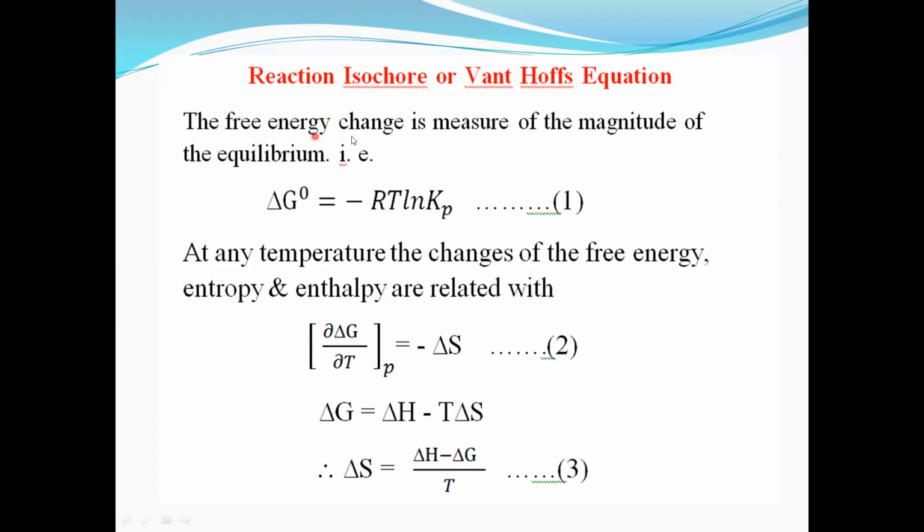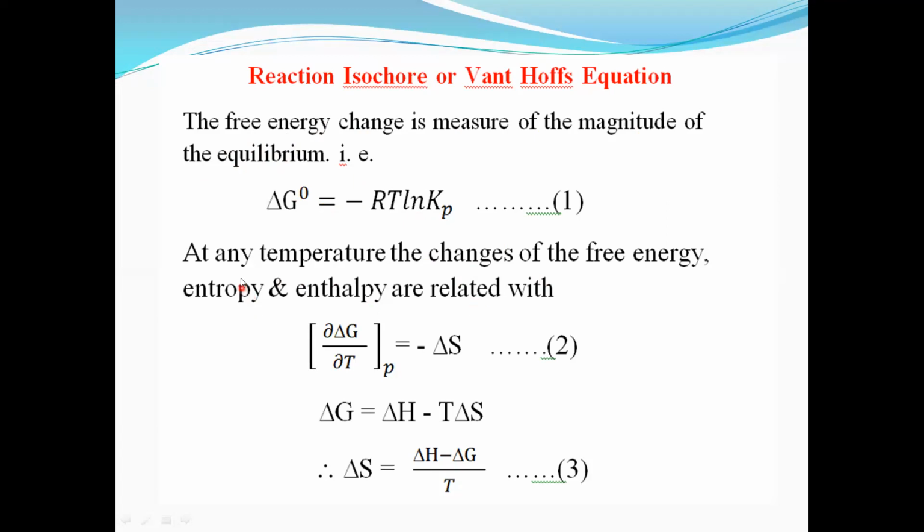To obtain the van't Hoff equation, the free energy change is a measure of the magnitude of the equilibrium constant, and it can be given as delta G naught is equal to minus RT ln Kp. We call this equation number 1. Now at any temperature, the changes of free energy, entropy and enthalpy are related.